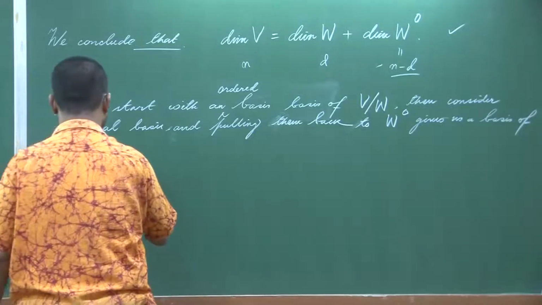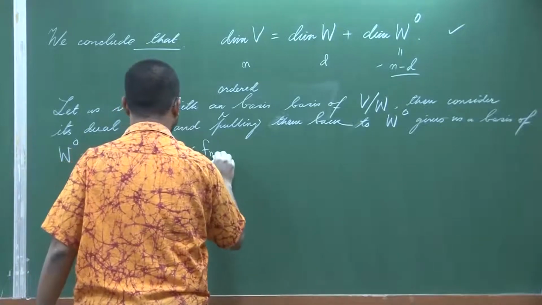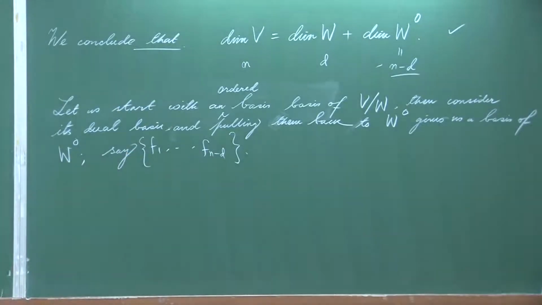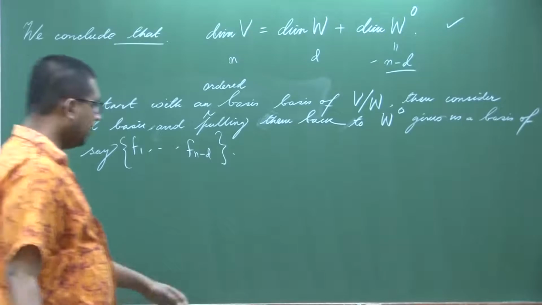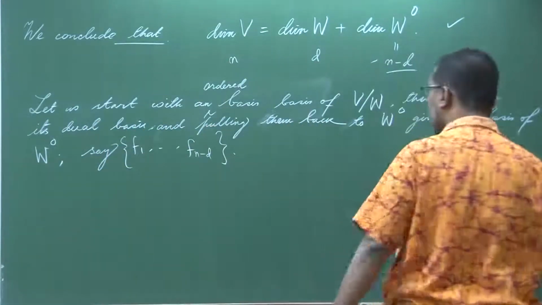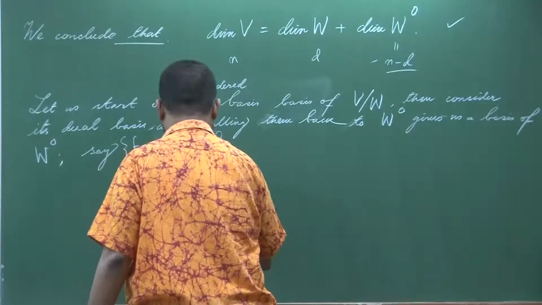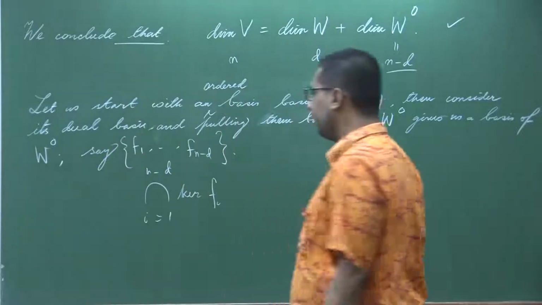Okay. Say f1 up to f(n minus d). So these are in W naught. So hence what happens to the kernel of fi, where i runs from 1 up to n minus d?